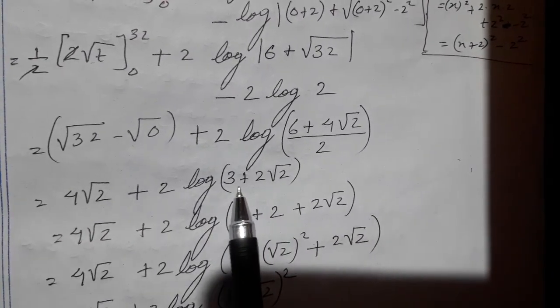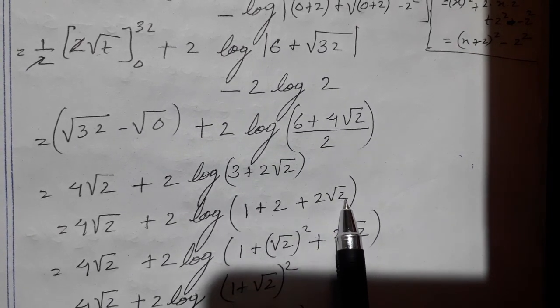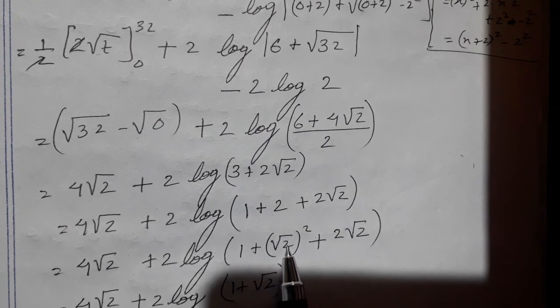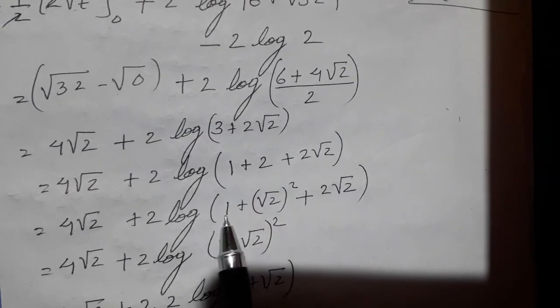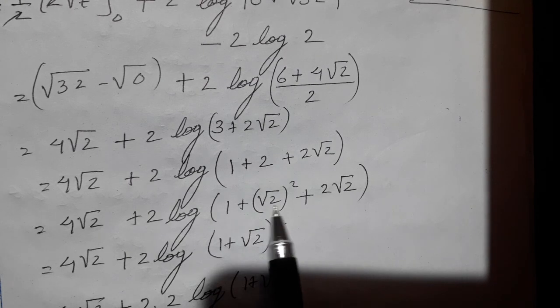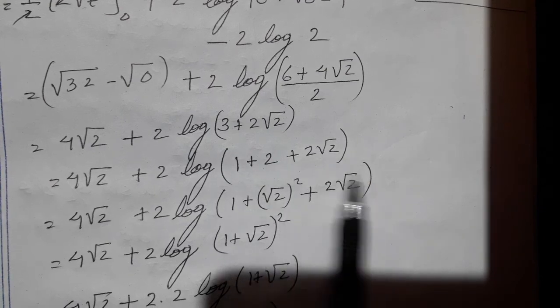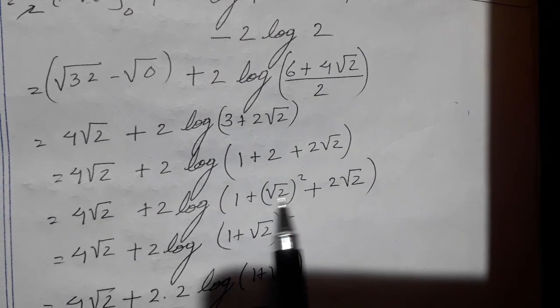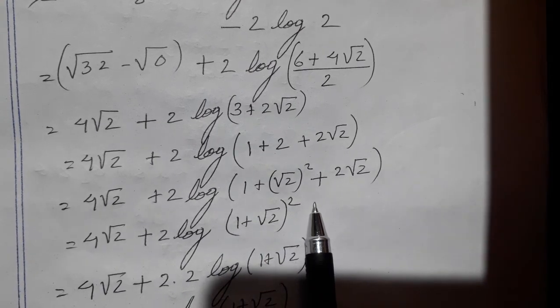Now this 3 I can write as 1 plus 2, and plus 2 root 2. 2 can also be written as root 2 whole squared, and 1 as 1 squared. So this is of the form a squared plus 2ab plus b squared, which is (a plus b) whole squared. So that is (1 plus root 2) whole squared.